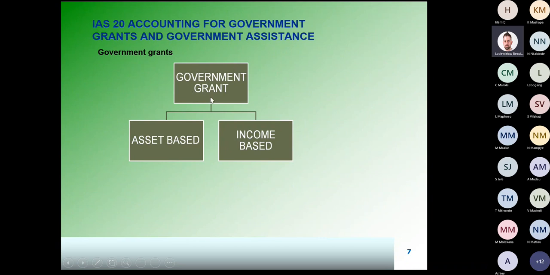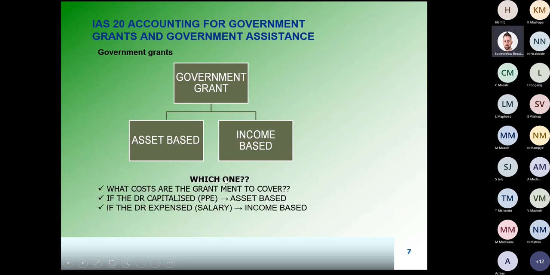So government grants can either be asset-based or income-based. When you have a question, you must always look at what we are trying to buy here that the government grant is going to subsidize. Are we going to buy an asset? Then it will be asset-based. If it is going to subsidize research costs or salaries or some other expense in your income statement, then it will be income-based. So which one?